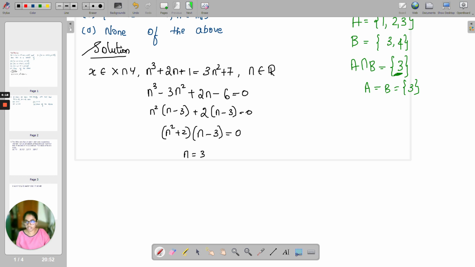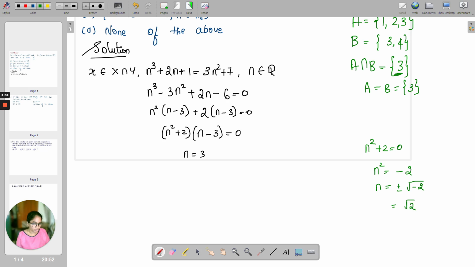If you ask me how, let me simplify n squared plus 2 equal to 0. Then I would get n squared is equal to minus 2, so n would be plus or minus square root of minus 2. What is square root of minus 2?